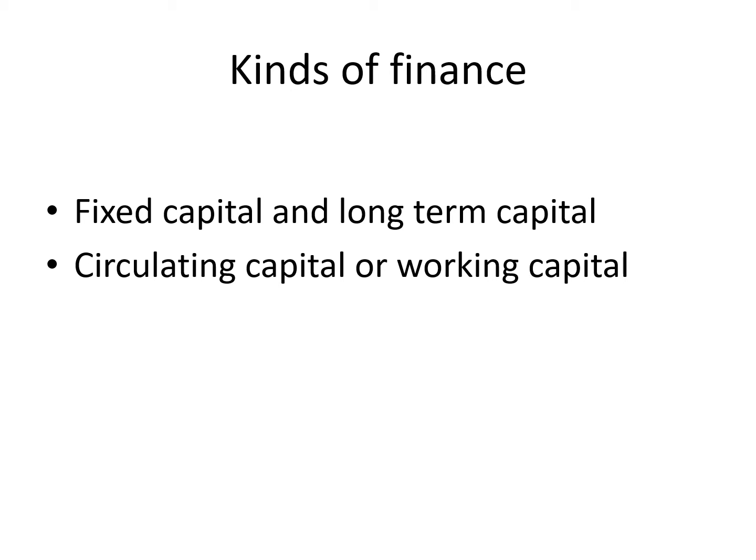In this kind of capital, as you have already discussed in accounting, we have cash, accounts receivable, marketable securities, inventories, and different kinds of prepaid expenses. All these things are important for the company because they work toward the generation of profit.